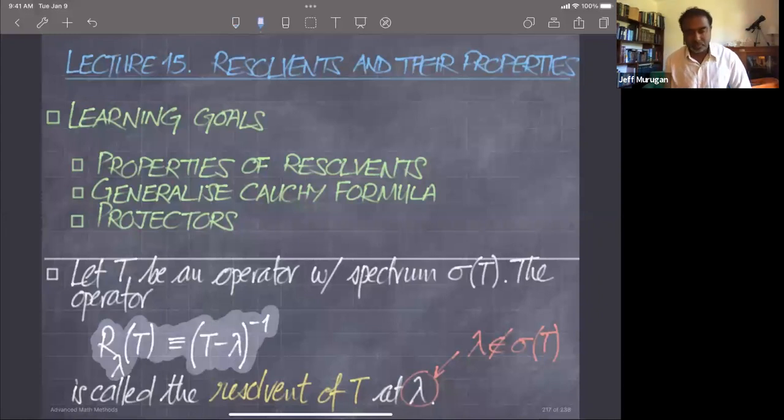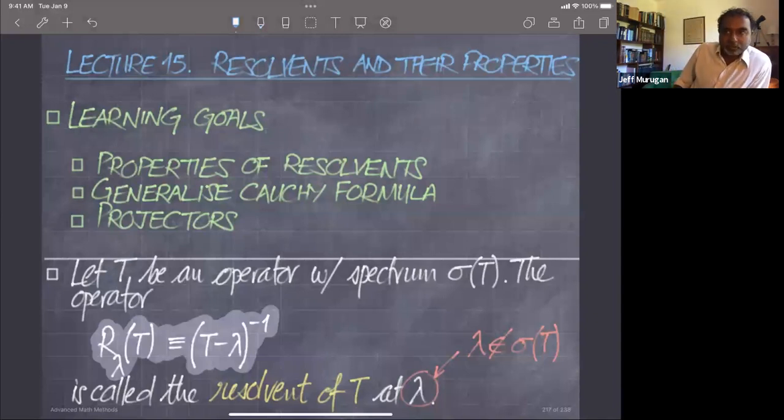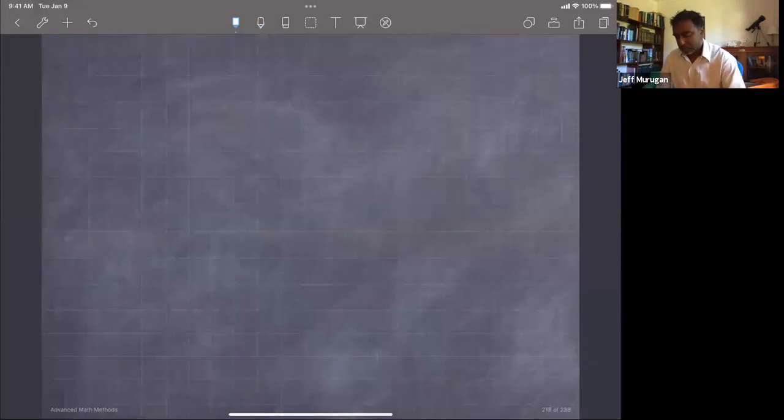Well, not lambda, but another Greek letter, psi. We're going to explore this in more detail in what follows, and I'll show you exactly how it's related to the Green's function. But first, let's unpack this definition a little bit and see if we can use it to deduce some properties of the resolvent operator. It's a very important operator for analyzing the spectrum of operators, of differential operators, for example, like T. So it's worth spending a little bit of time unpacking this.